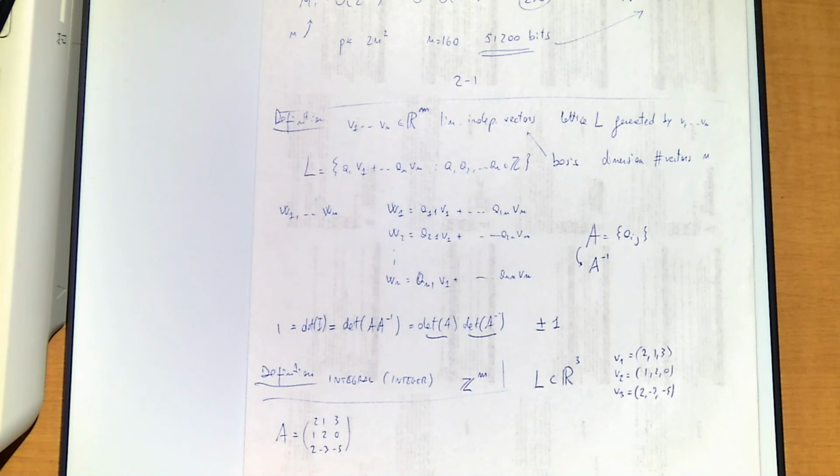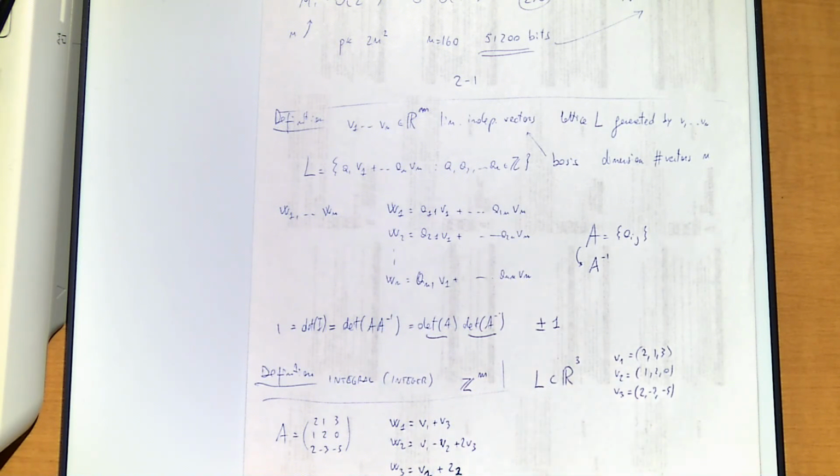And we can generate 3 new vectors, for example, W1 equal to V1 plus V3, W2 equal to V1 minus V2 plus 2V3, and W3 equal to V1 plus 2V2, I think.